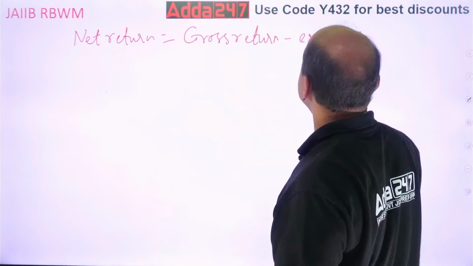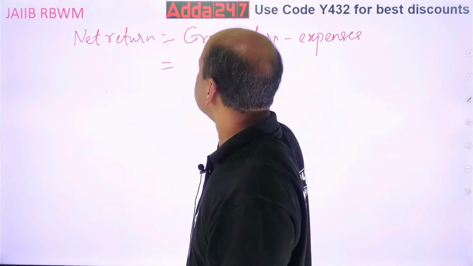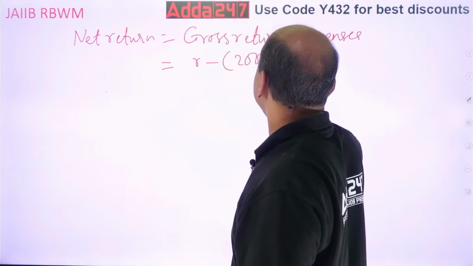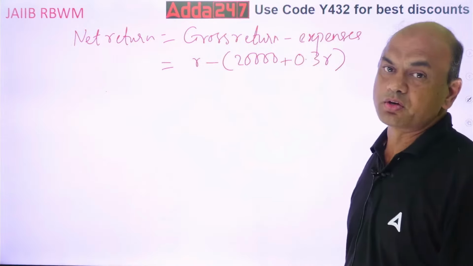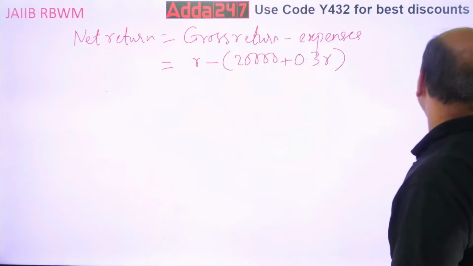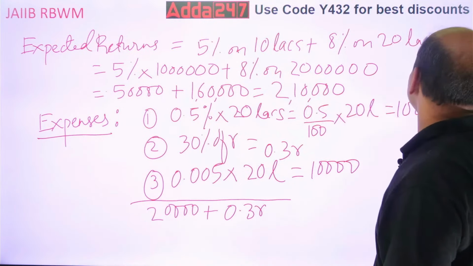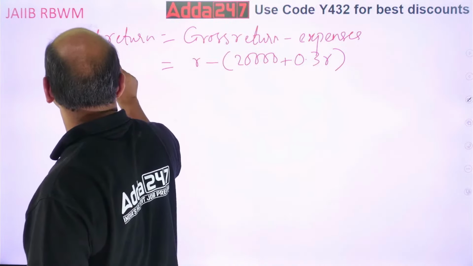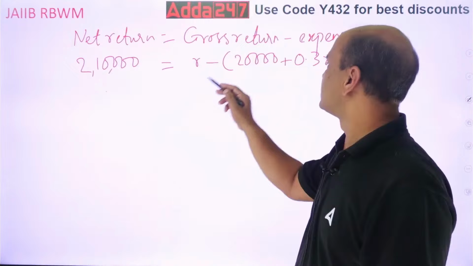Gross return is R minus expenses, 20,000 plus 0.3 into R. That should be equal to my expected net return, which is 2,10,000. So 2,10,000 equals this. Solve this now.